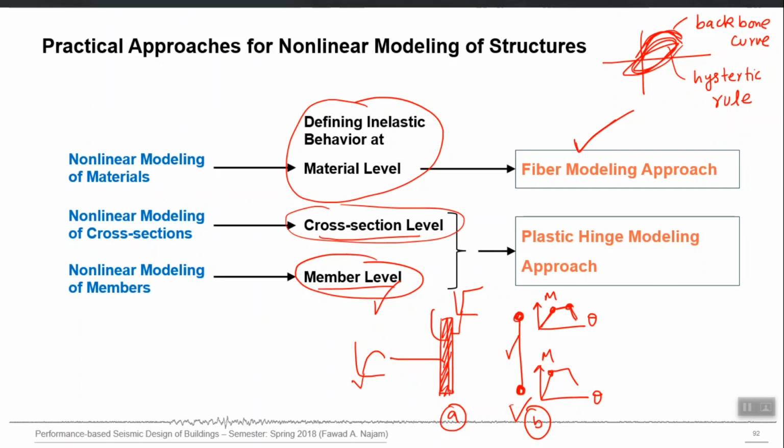Now that moment rotation curve will be a function of everything: the beam cross section size, the amount of steel in that cross section, and Fc prime, Fy. So it is a direct member level stiffness, member level action. So it automatically has the cross section level properties and the material level properties in it.